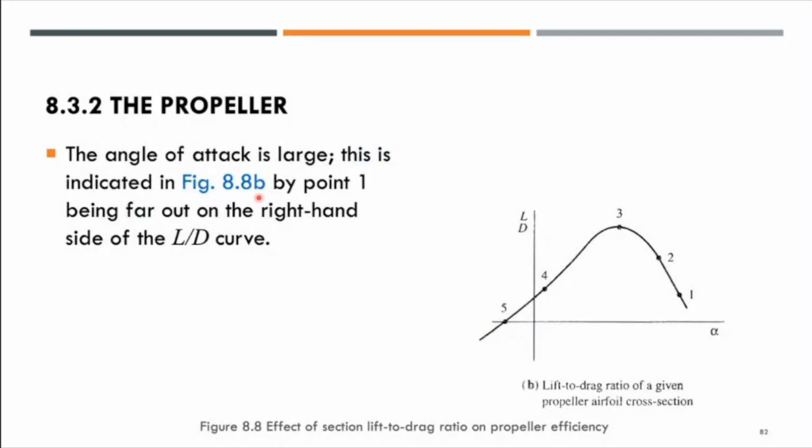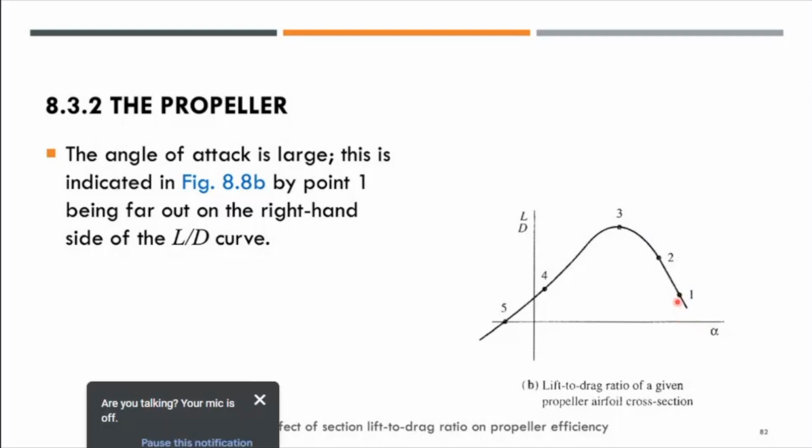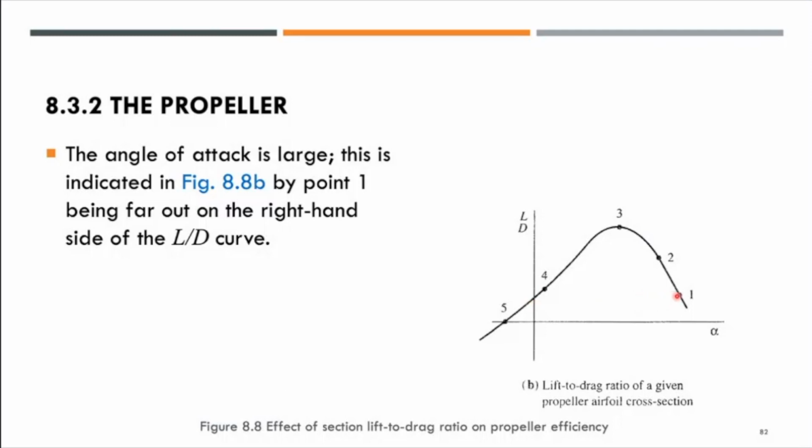So the angle of attack is large. This is indicated in figure 8.8B, where the angle of attack alpha is the largest in this case. But the lift to drag ratio is not that high. Okay, so it is down here.